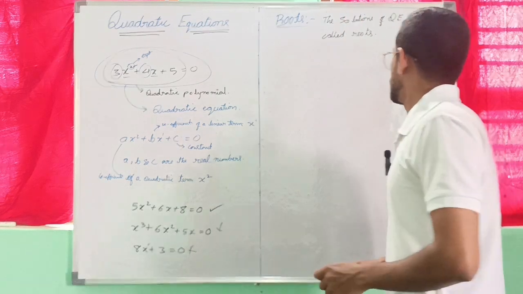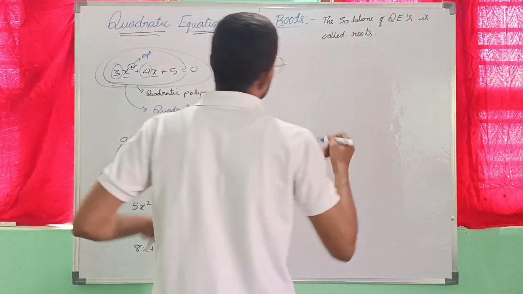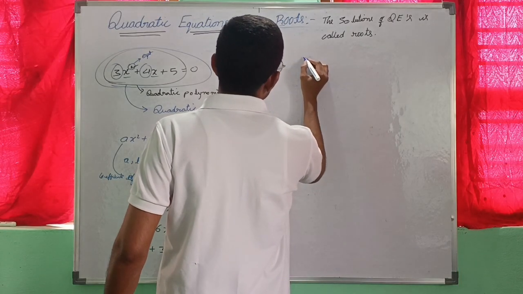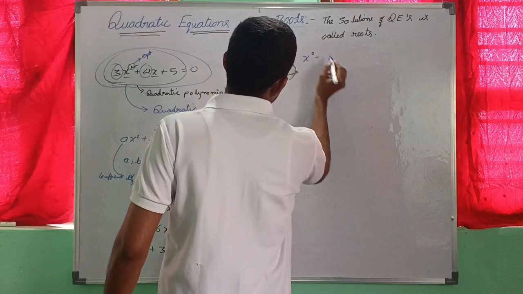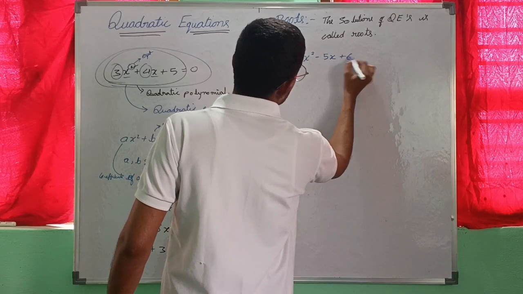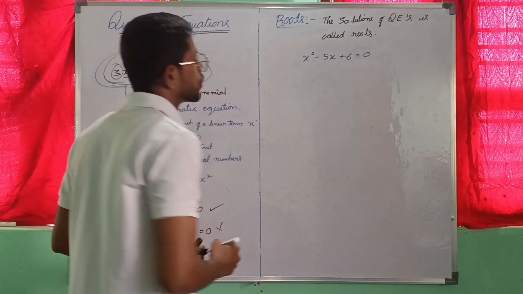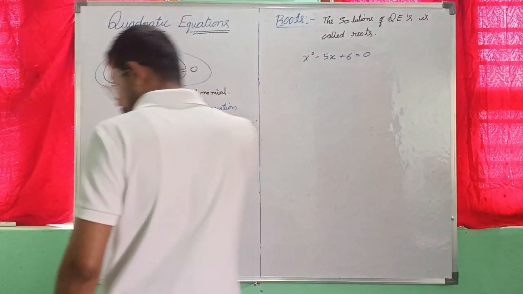For better understanding, let us take an example: x cube minus x square minus 5x plus 6 is equal to 0.